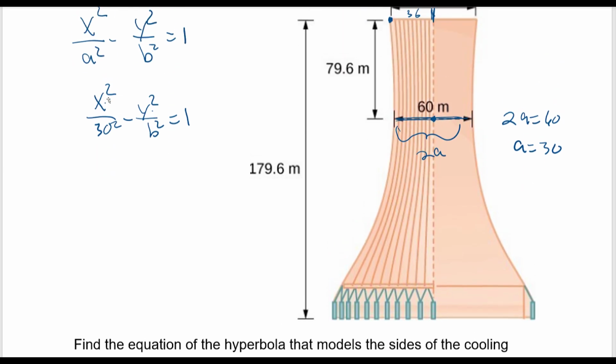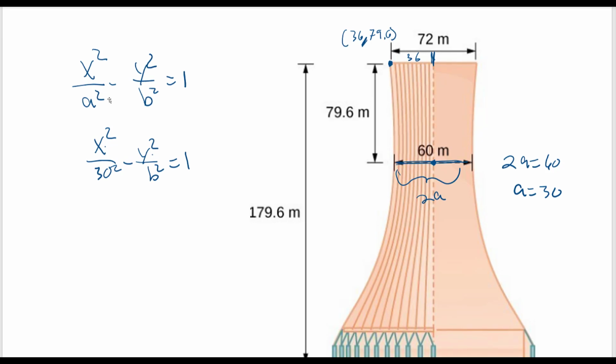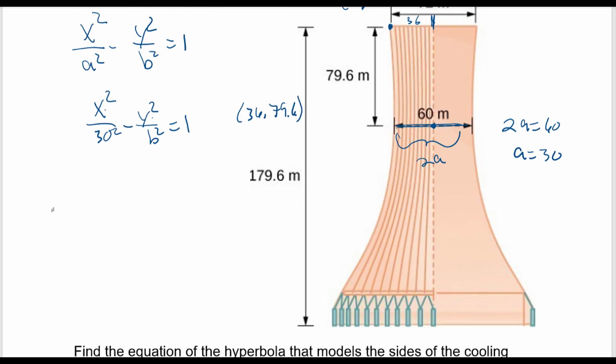Okay, so let's do this. We're using the point 36, comma 79.6. So it's going to be 36 squared over 30 squared minus 79.6 squared over b squared equals 1.